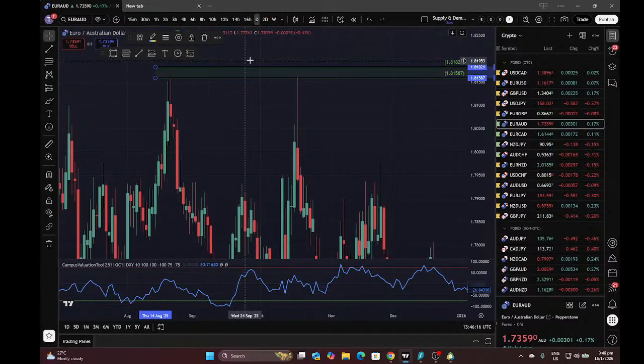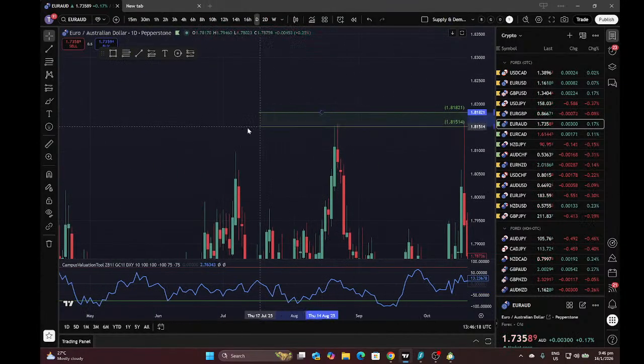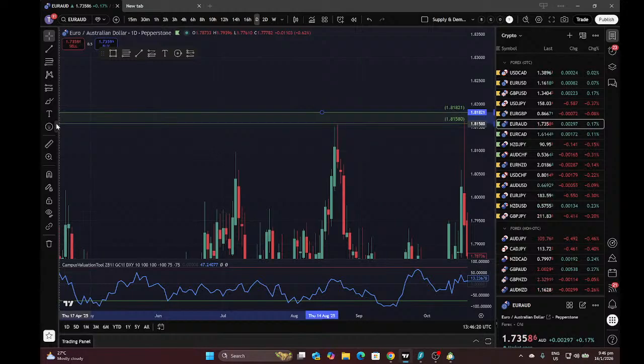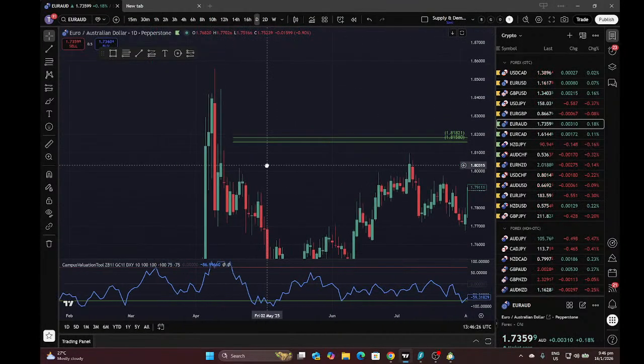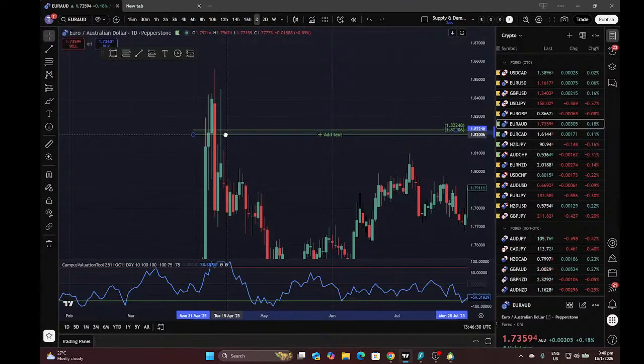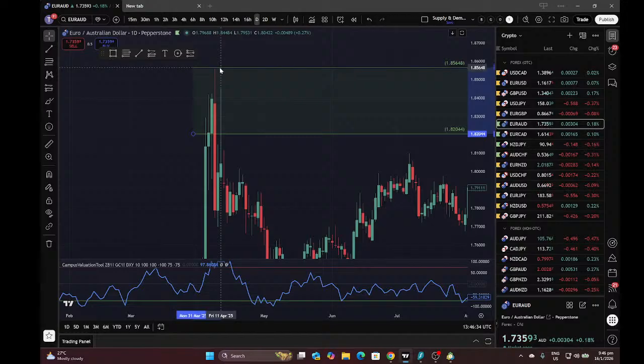Right, so what I'm gonna do is, as usual, I'm just gonna do like that. So I guess this is gonna be the next area that we're gonna look at. This is one of the potential supply zone.